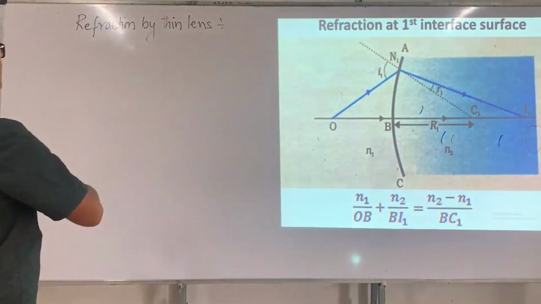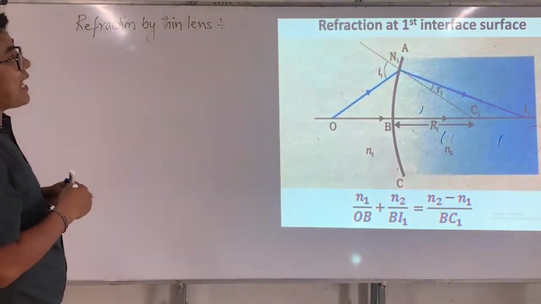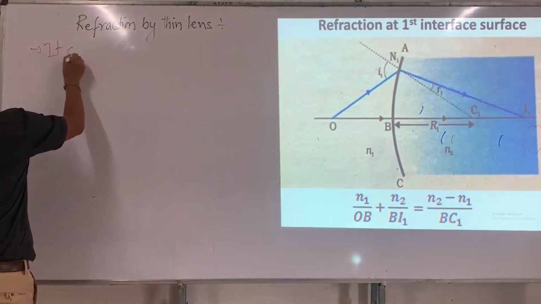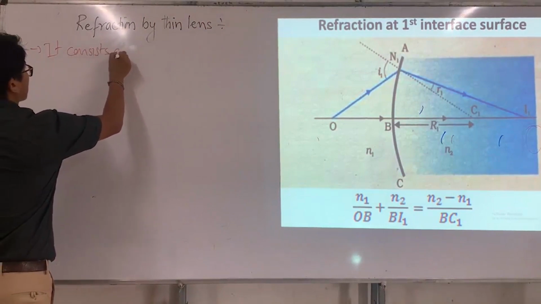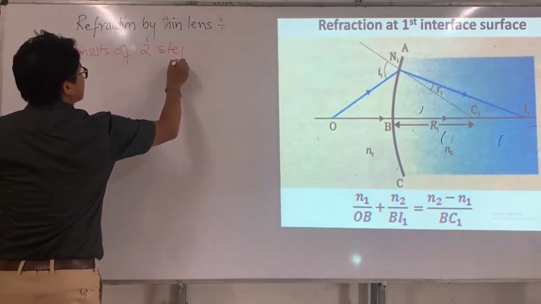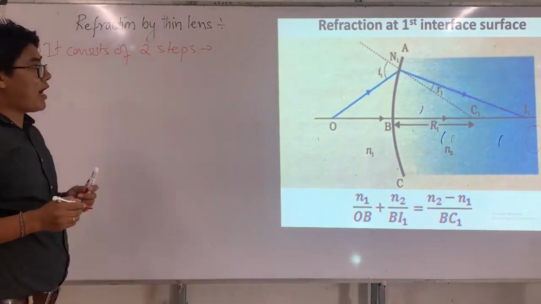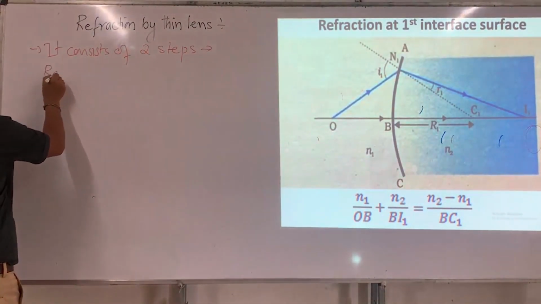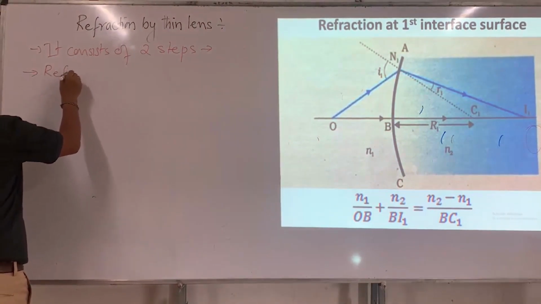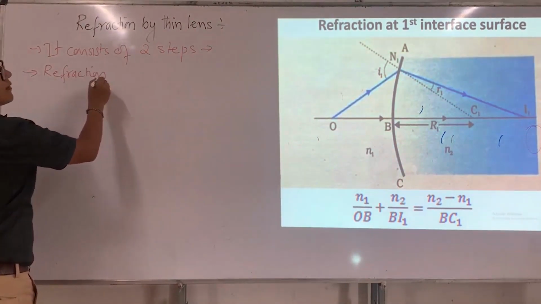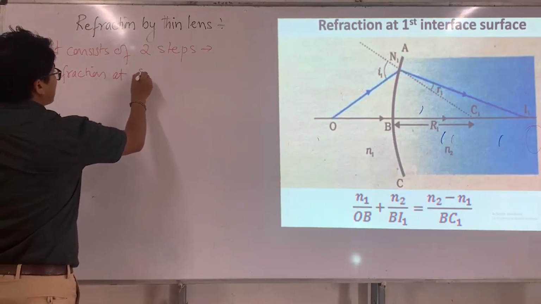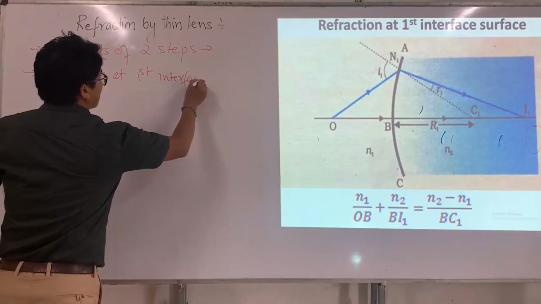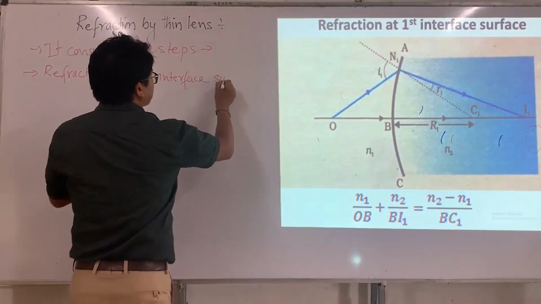So let's say the refraction by a thin lens consists of two steps. Number one is refraction at the first interface surface.